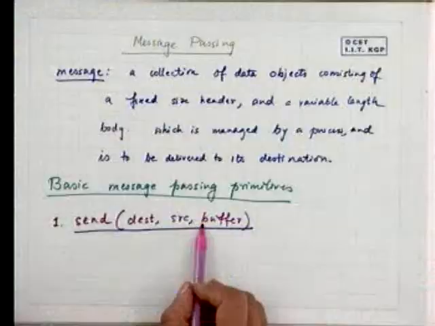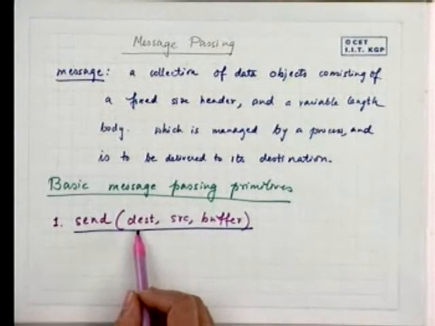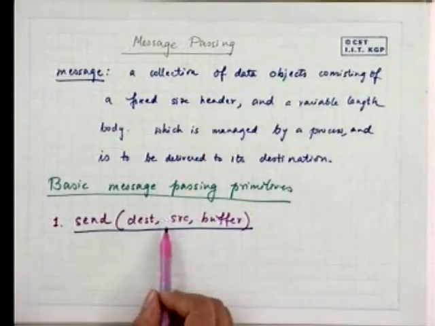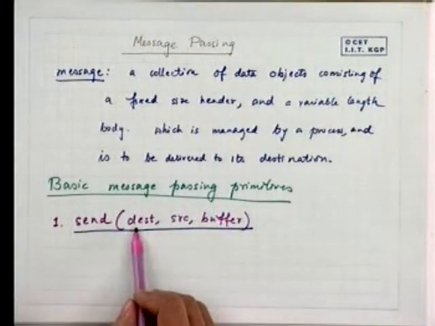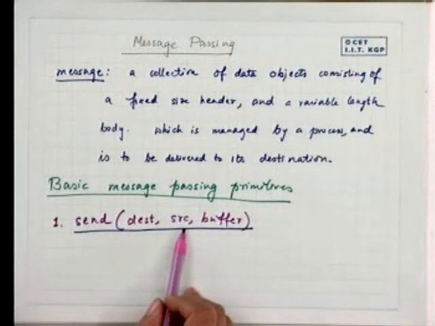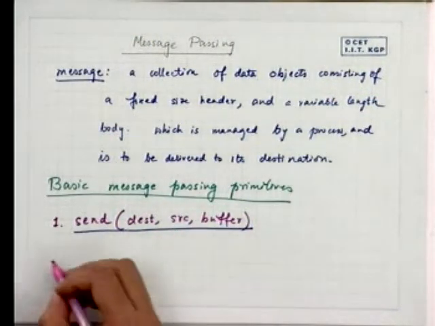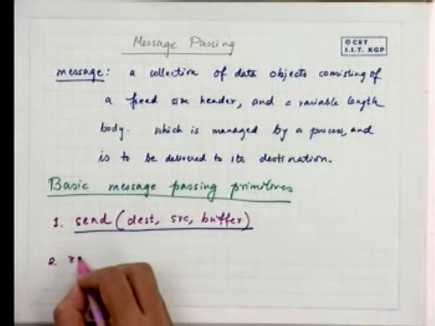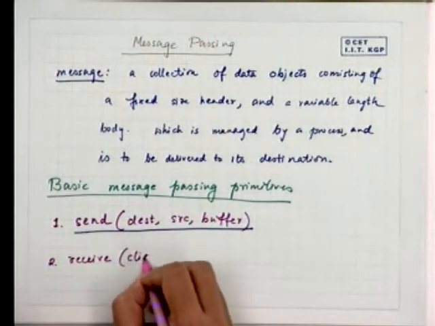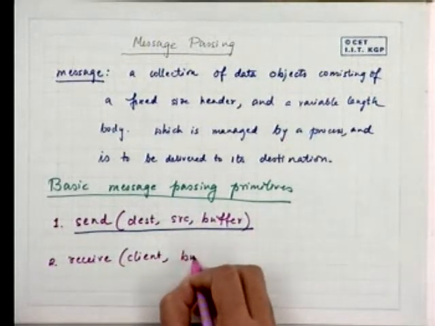The reason why the source is to be sent is because the server process, the destination server, has to reply to this message, and it has to reply to source. The second primitive is receive. We have receive(client, buffer).